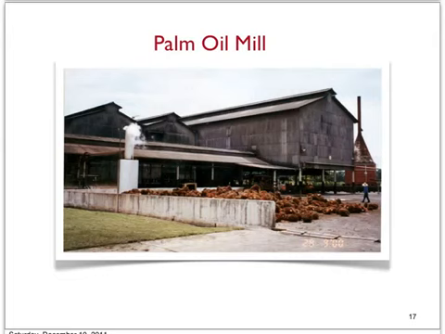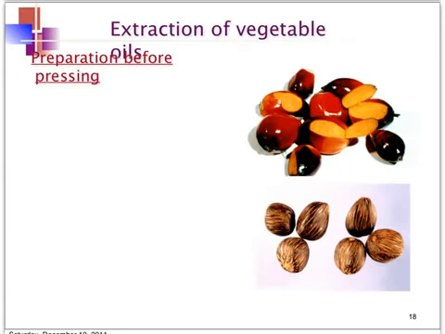And this is how the palm oil mill looks. You can see the oil palm fruit bunches being stored in the open space here, and inside here is where the processing takes place.